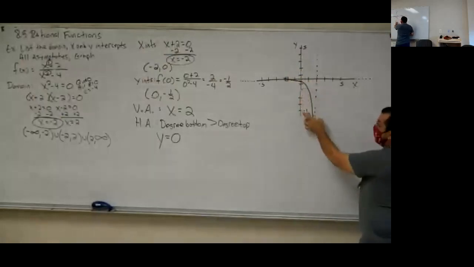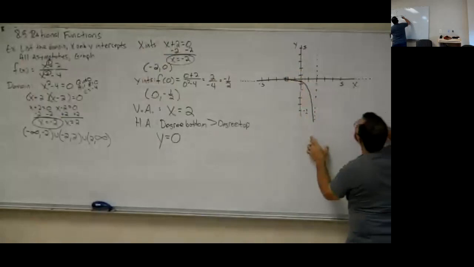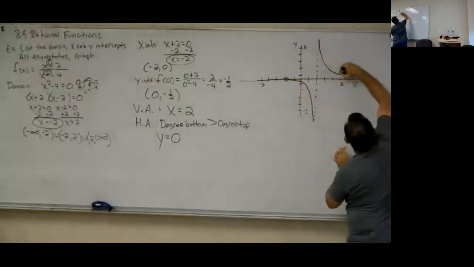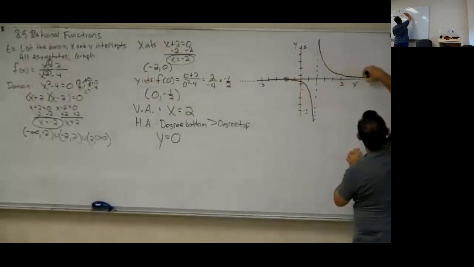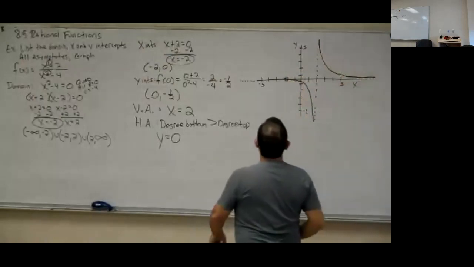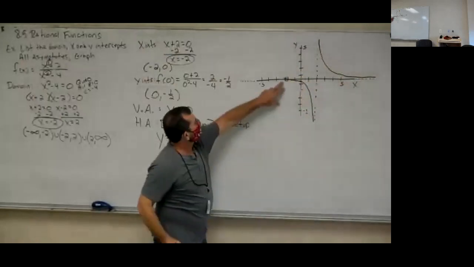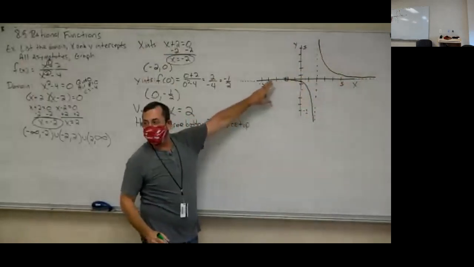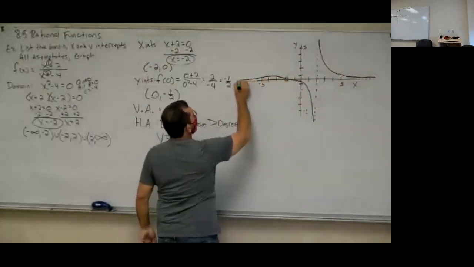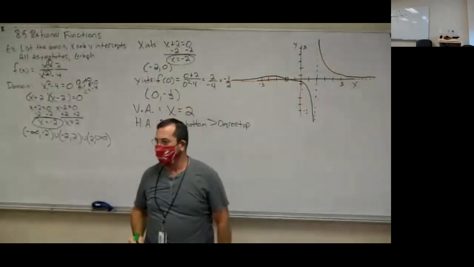If you notice, one side's coming down on the asymptote, the other side comes from the top, and it's going to come down and try to get to that x-axis. And then what happens here, this little part will sort of hump up, but then it's going to try to go back down to the x-axis also.